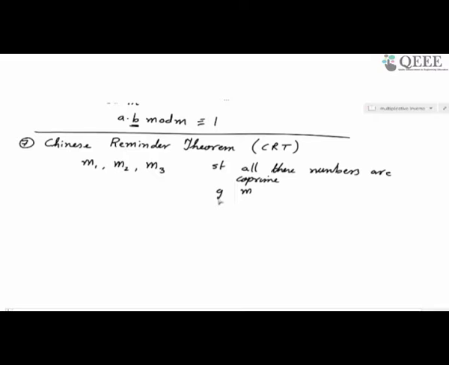It means that GCD of m1 comma m2 is equal to GCD of m2 comma m3 is equal to GCD of m1 comma m3, and this is equal to 1. Okay, so we have m1, m2 and m3, and let capital M be the product of these three numbers. That is, capital M is m1 into m2 into m3.